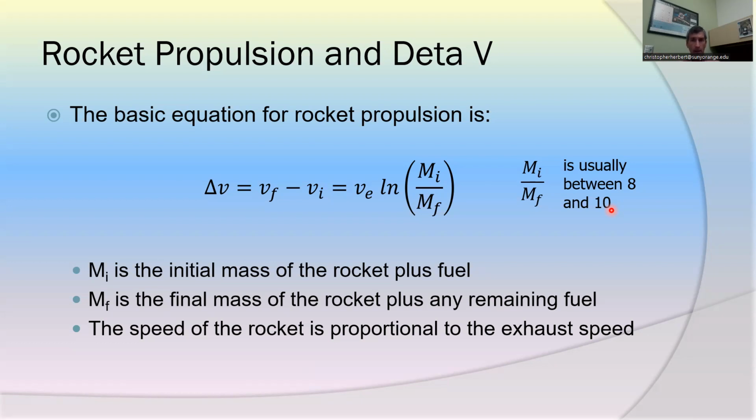So when I calculate this, I can see that I can get more delta V either by burning more fuel, or by producing a higher velocity of thrust. And that's why rockets are so energetic, because of this rocket equation.